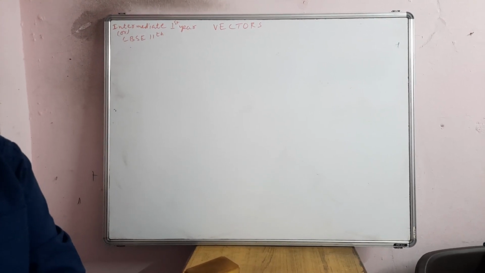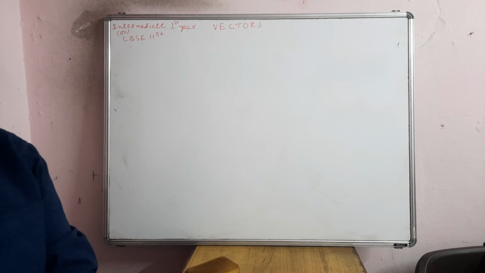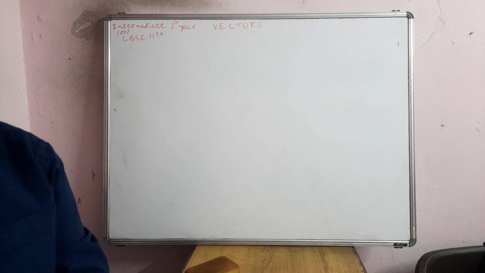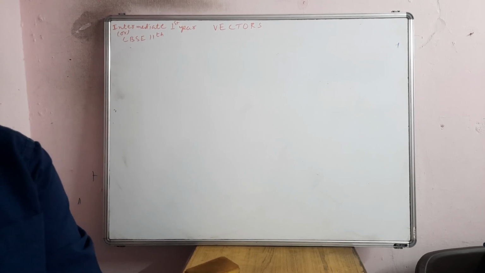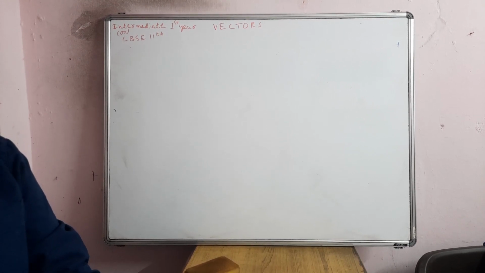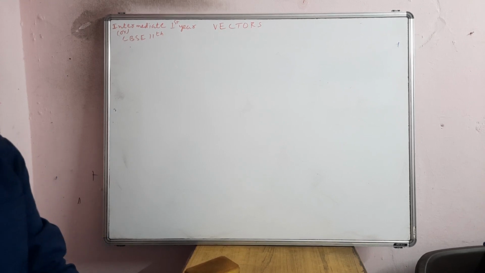See the proof properly, everybody. The proof of both the triangle and parallelogram law. Now, this is called the analytical method, the proof.